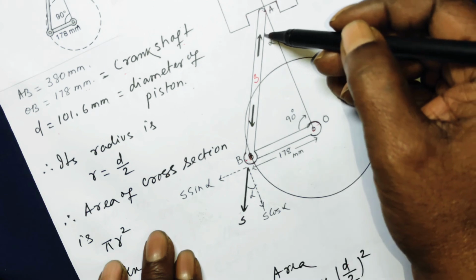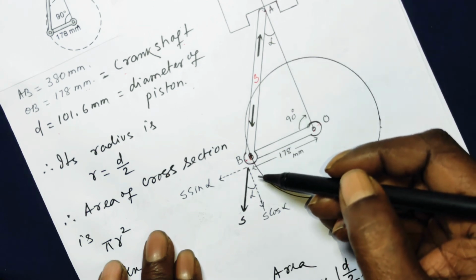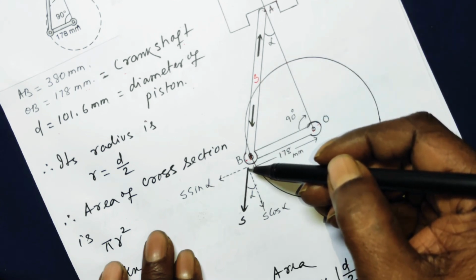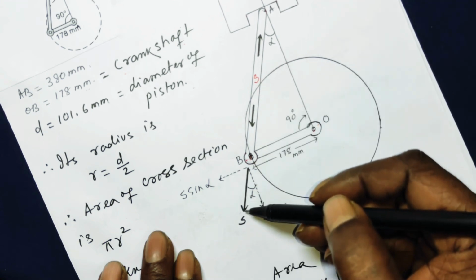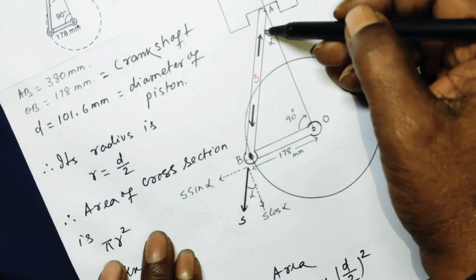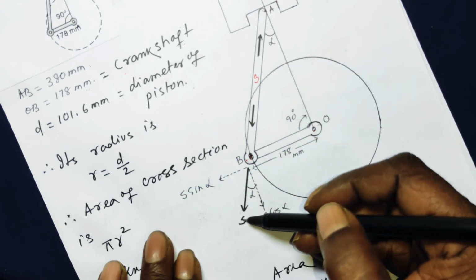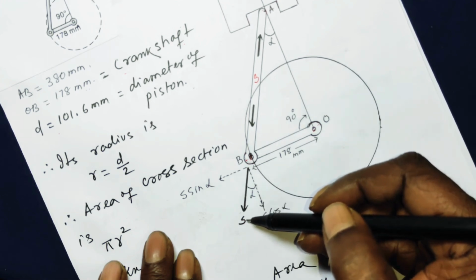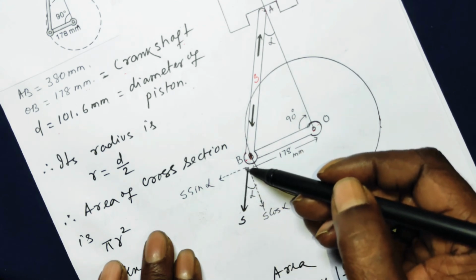Now let this angle be alpha. We are not required to find it out. So this axial force S, which I can represent here in this direction, then this vertical line is parallel to this line, and since I have taken this angle as alpha, this will be alpha. So the component of S to this side will be S cos alpha, and the component of S to this side will be S sin alpha.